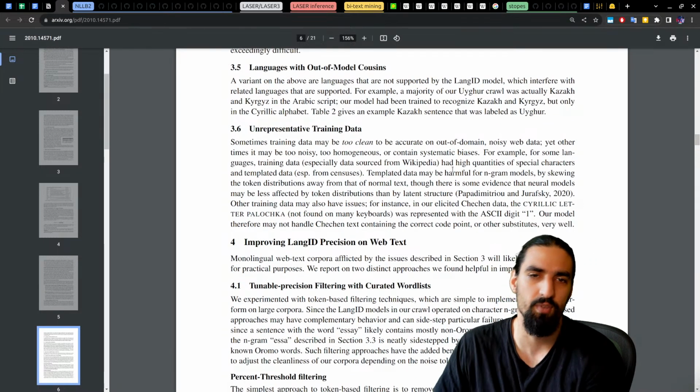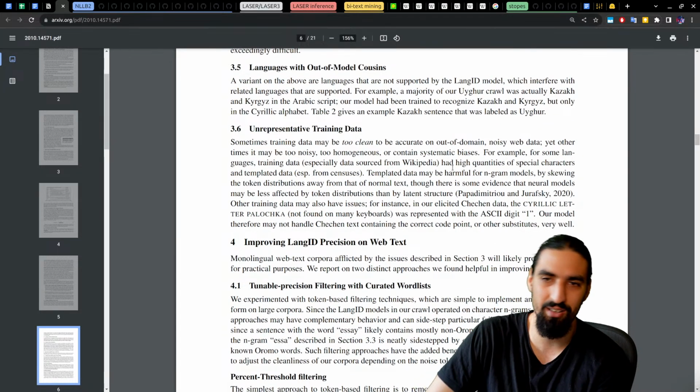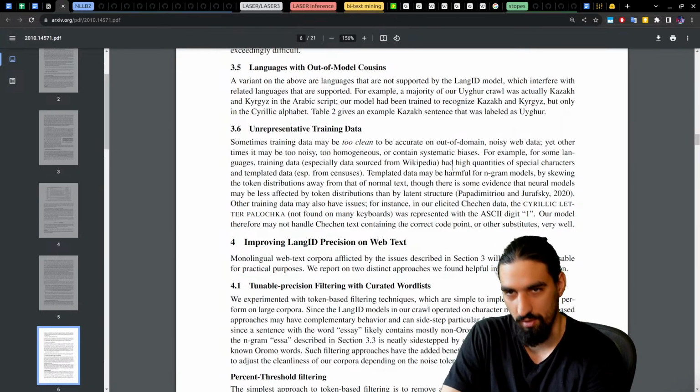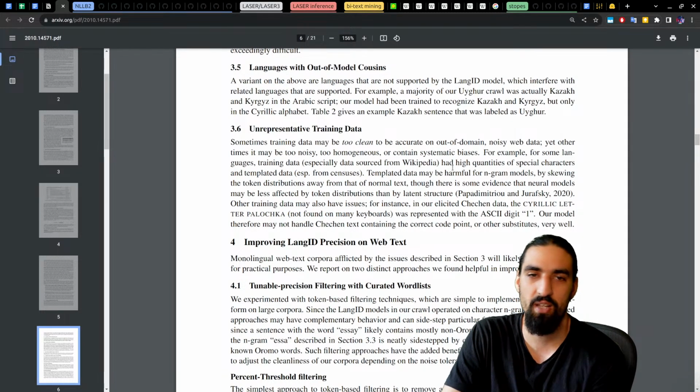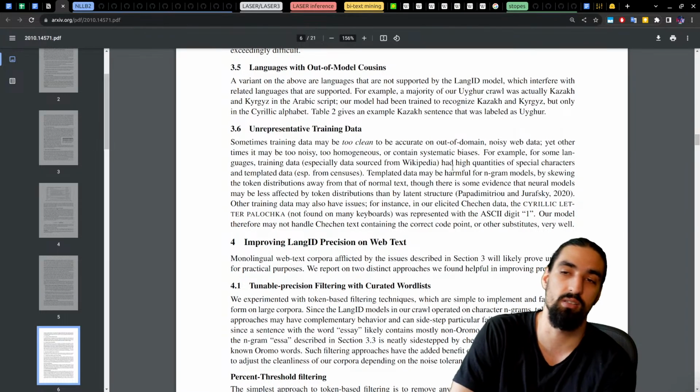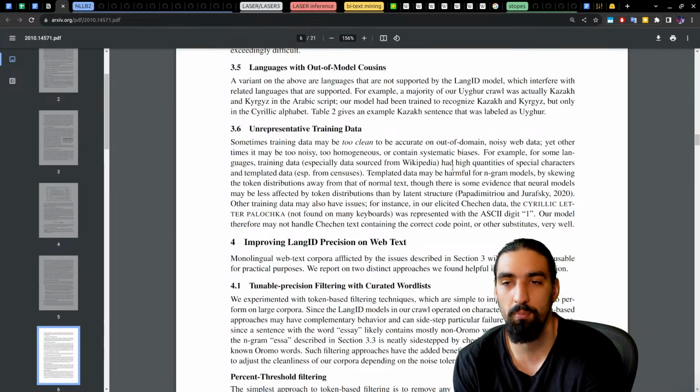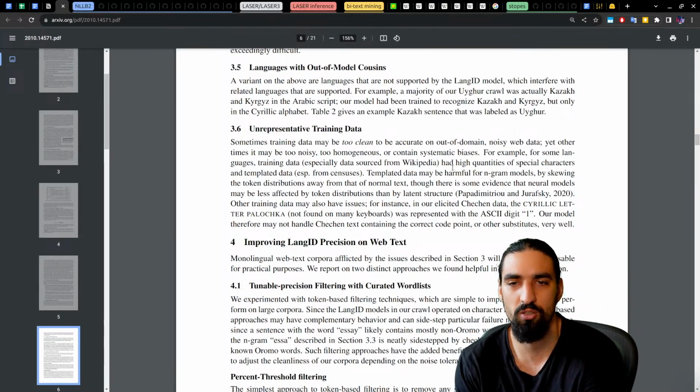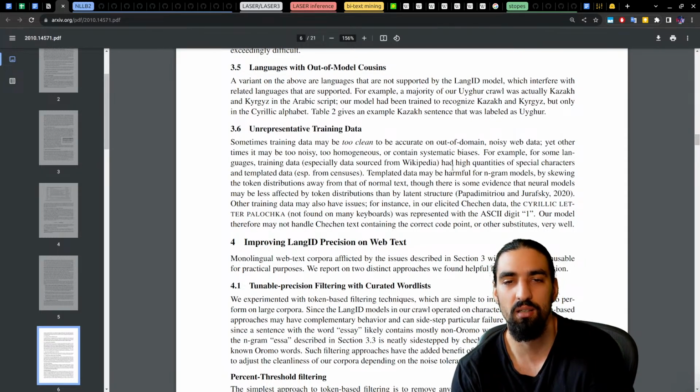Unrepresentative training data. Sometimes training data may be too clean to be accurate on out-of-domain noisy web data, yet other times it may be too noisy, too homogeneous, or contain systematic biases. For example, for some languages, training data, especially data sourced from Wikipedia, has high quantities of special characters and templated data.